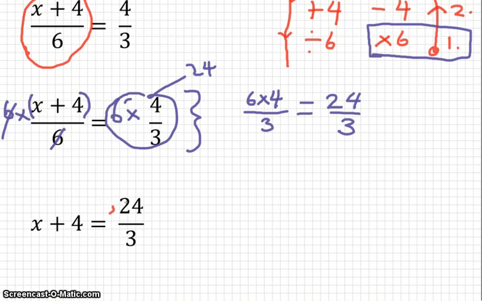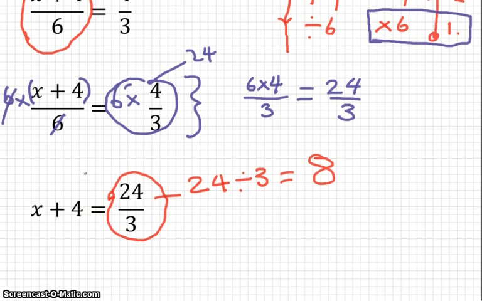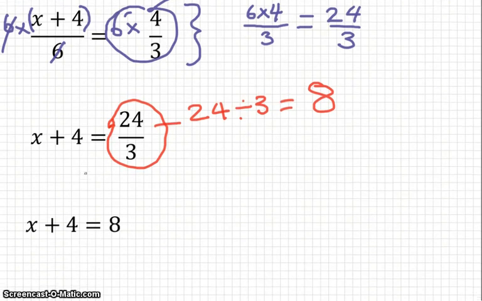Now we can cancel this a little further. We can go 24 over 3 is 24 divided by 3. Now if you put that in your calculator or work it out in your head, that'll work out to 8. Next line, x plus 4 equals 8.